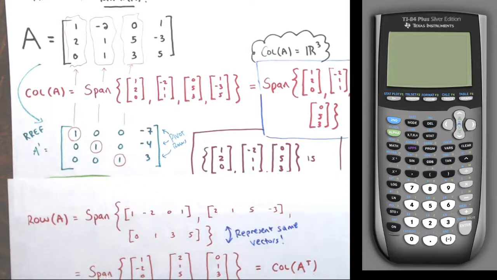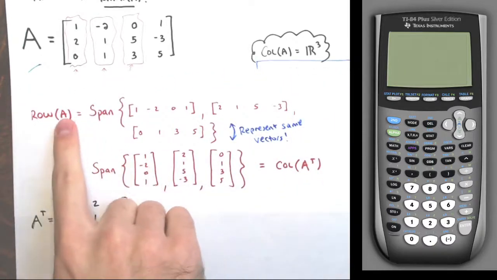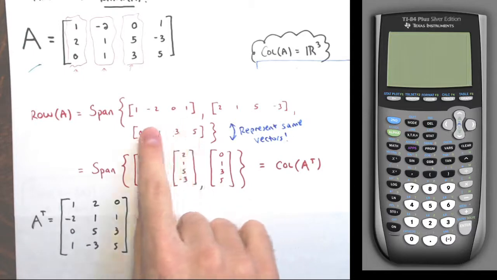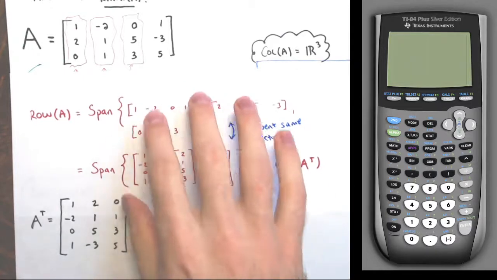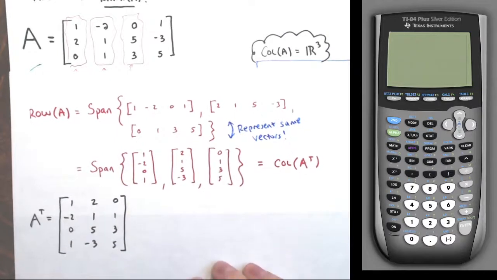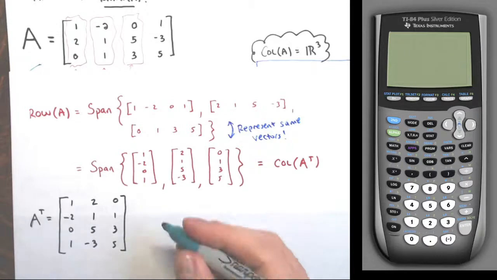So here's the row space. It's the linear combination of all these row vectors, or these vectors here as columns. They have the same vectors in them, just written different ways. And then here's a basis.